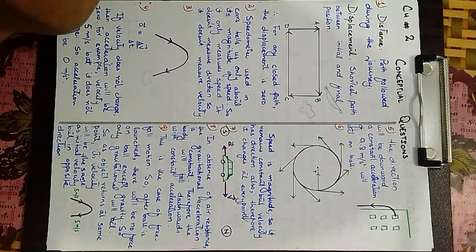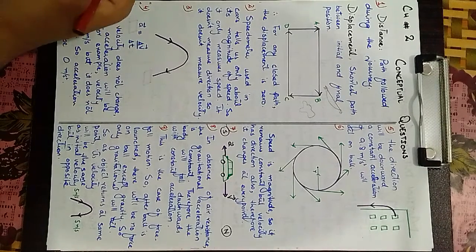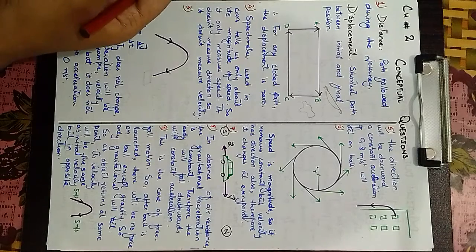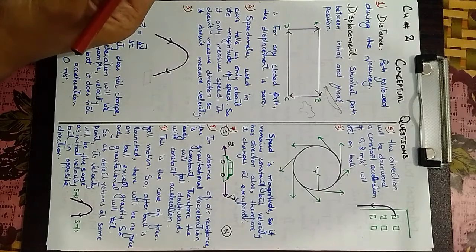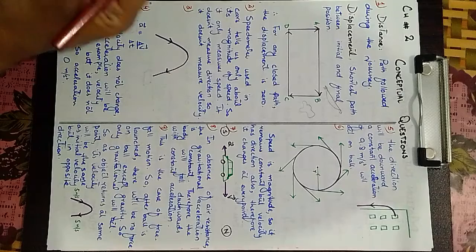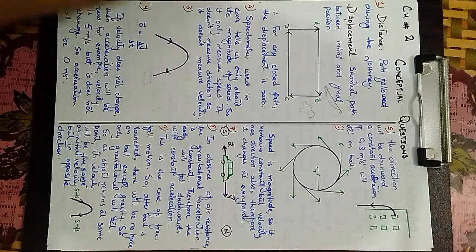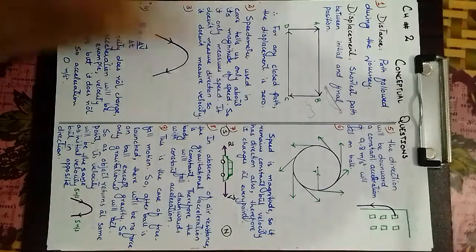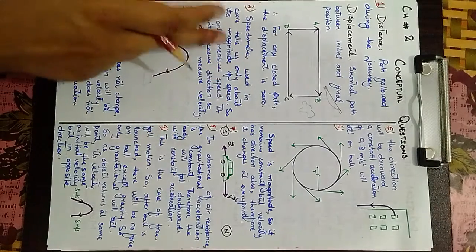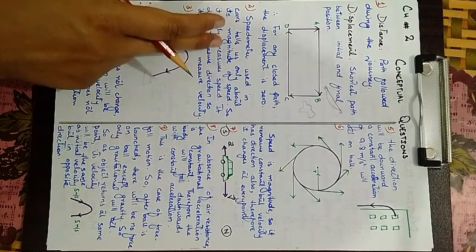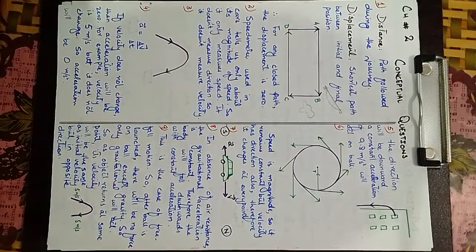The speed is associated with the magnitude only, and the velocity measures its magnitude and direction as well. In the case of speedometer, the direction is not included, right? So as the direction is not included, it can't be velocity. It could be speed only, because speed is the only thing that involves the magnitude only.